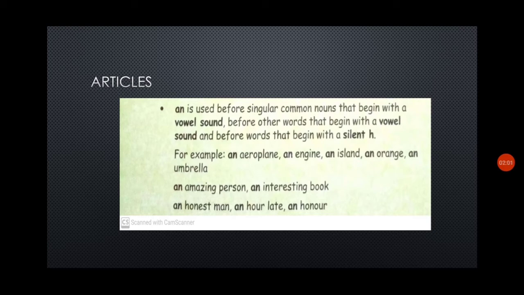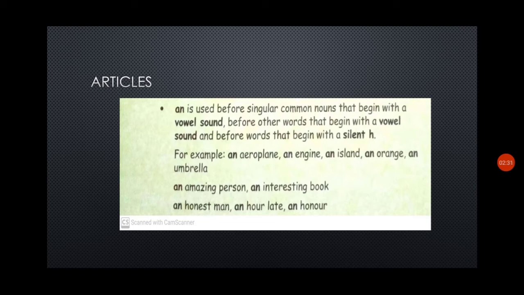So, before a word beginning with a silent H resulting in a vowel sound at the beginning, for example, an hour, an honest man, an heir, an honorable man, alright, an hour late, an honor. So, we use an, alright, before a silent H. Even before abbreviations beginning with a consonant letter having a vowel sound.